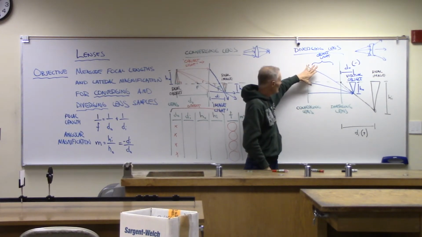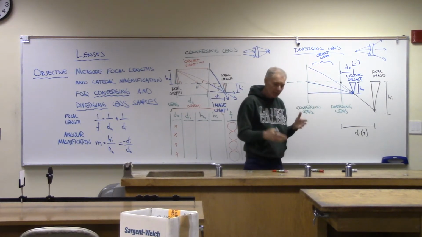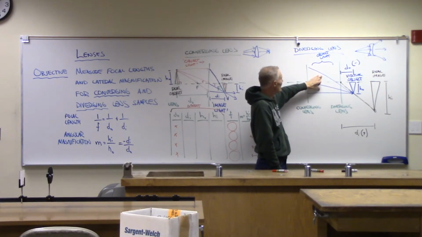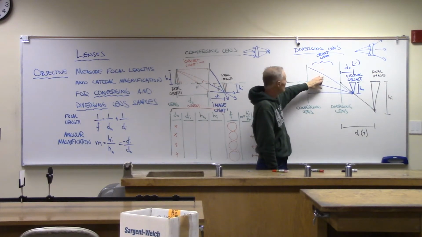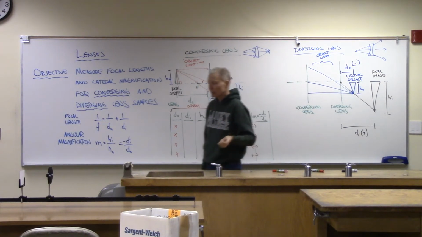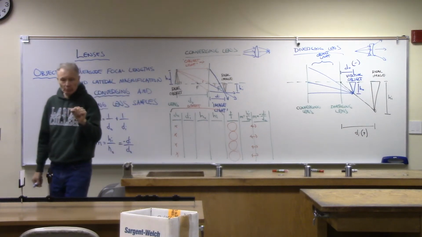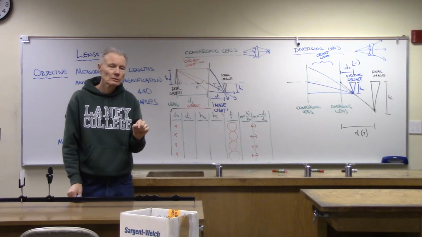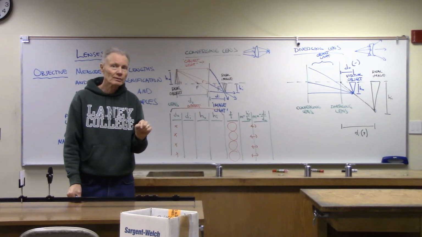It's already coming together. And so since we have light that's already coming together, this is what we consider to be a virtual object. And that says when we go in and measure the object distance, we have to put a minus sign on that object distance in our data tables.